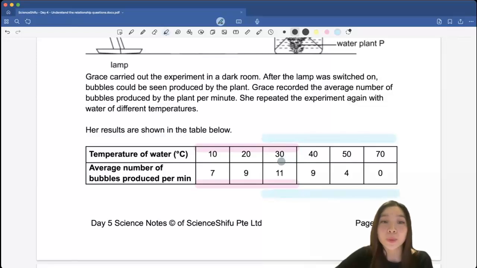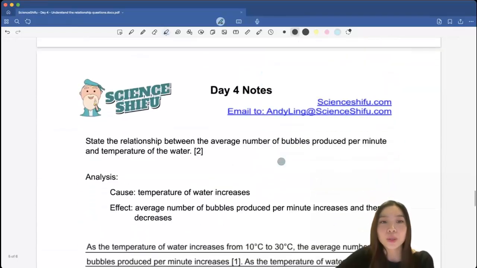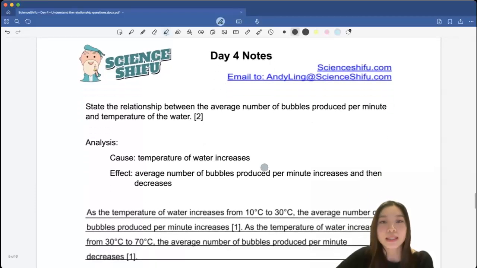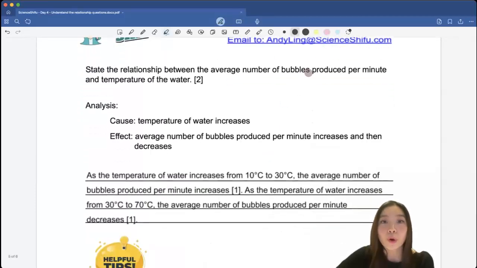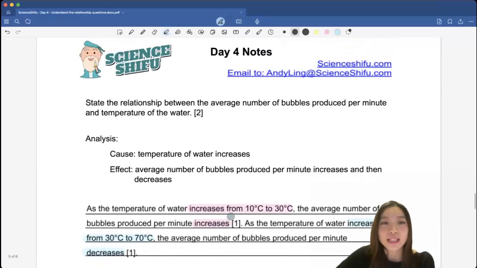Stating the relationship: as the temperature increases from 10 to 30 degrees Celsius, the average number of bubbles produced increases, whereas as it increases from 30 degrees Celsius to 70 degrees Celsius, the number of bubbles produced decreases.